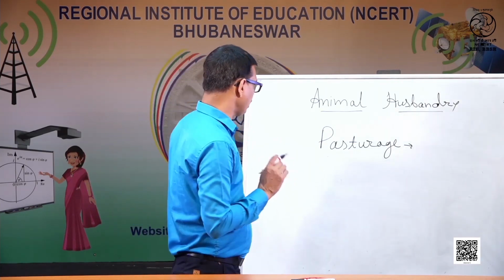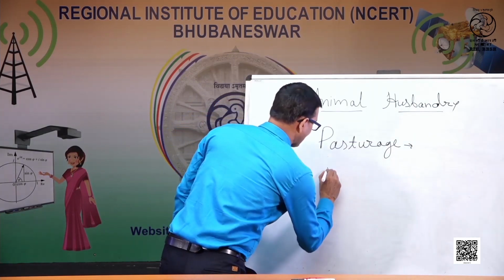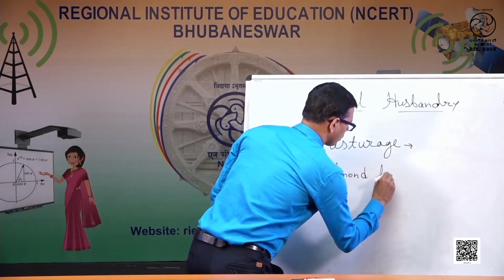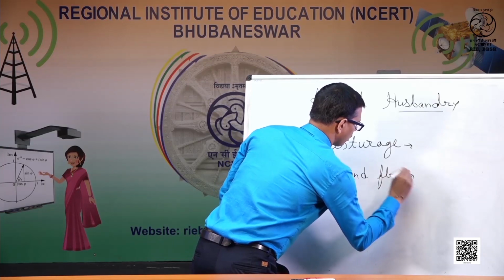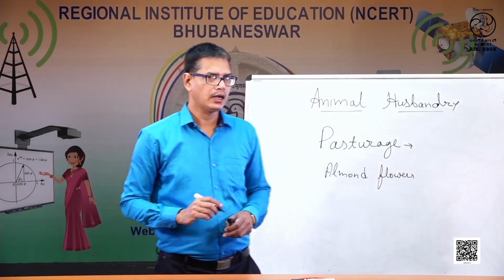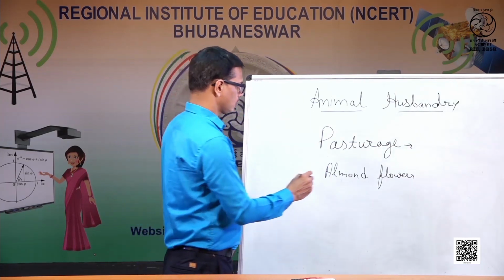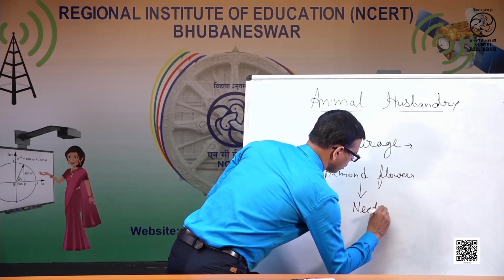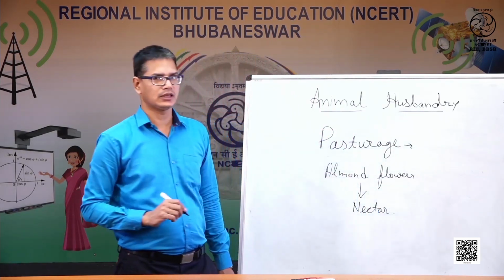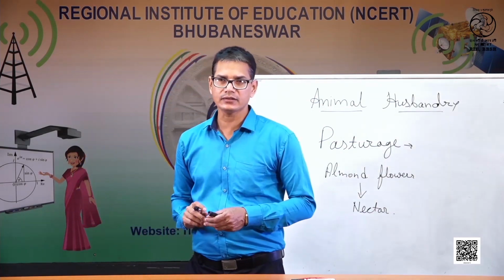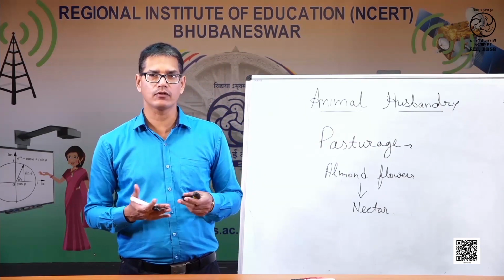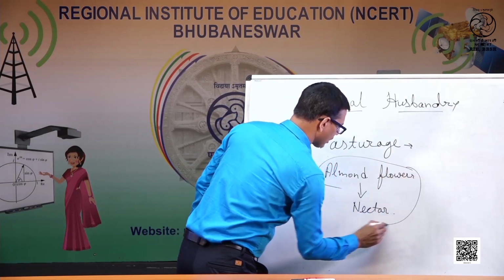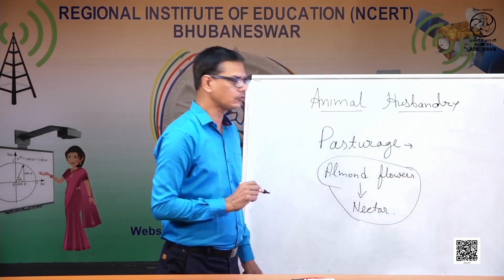For example, in Kashmir, almond flowers are found, and honeybees collect nectar from these almond flowers, and this type of honey is considered to be excellent, very good, because this pasturage, that means nectar, is of good quality.